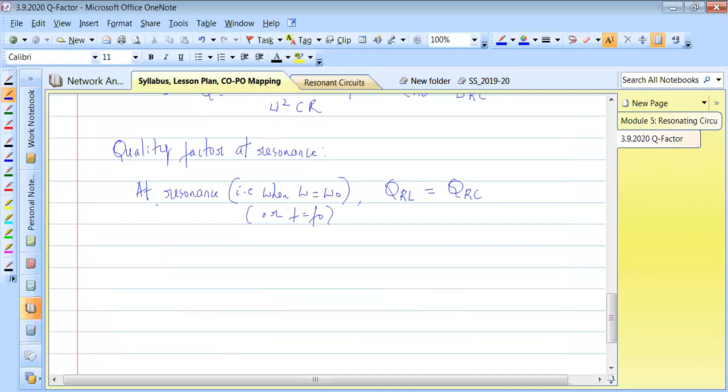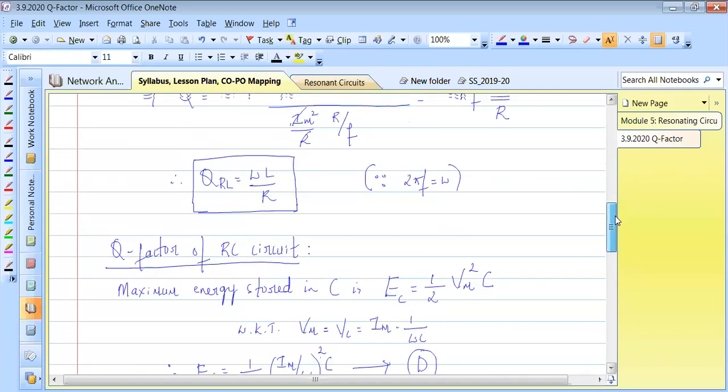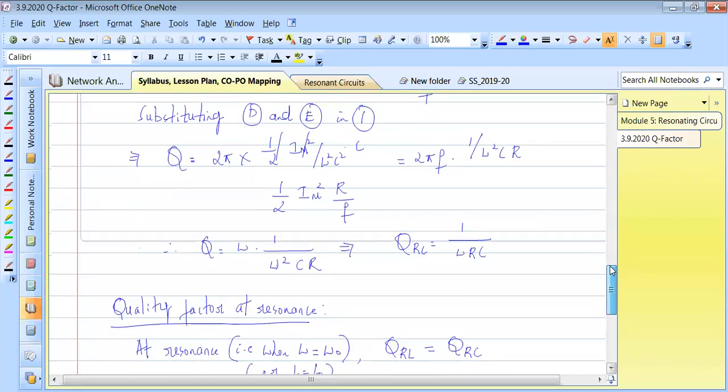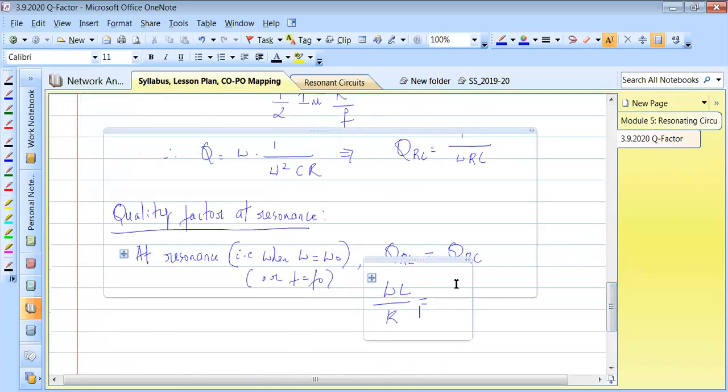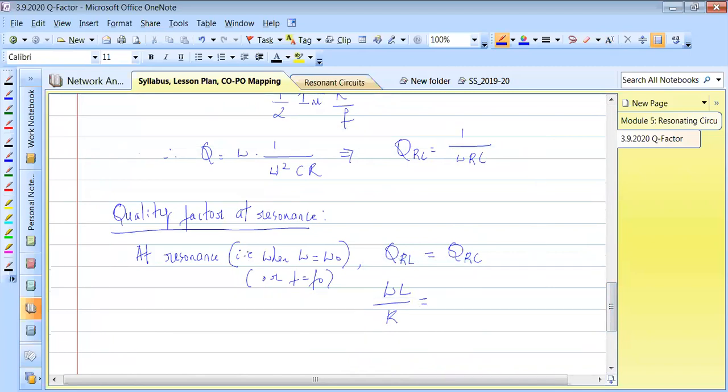Fine. Now we shall see how it looks like. What is quality factor of RL circuit? It's omega L by R. Let me just show you that. See here, what we have got is omega L by R for RL circuit and 1 by omega RC for series RC circuit.